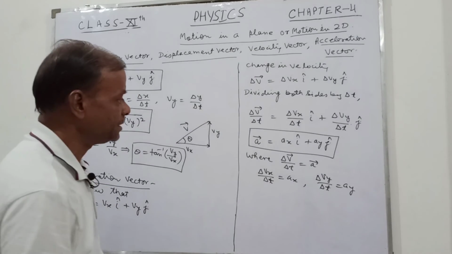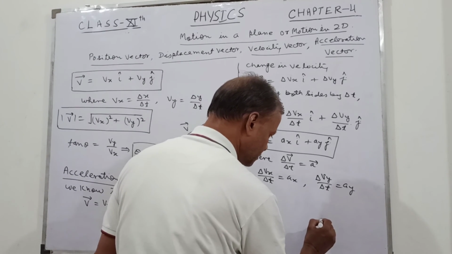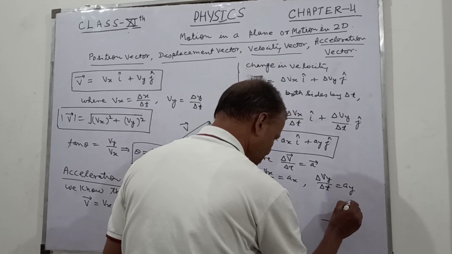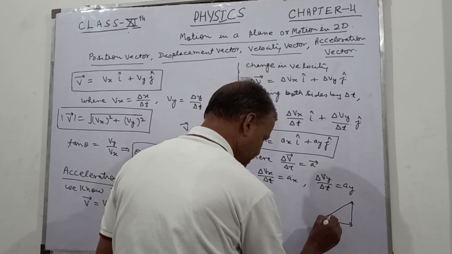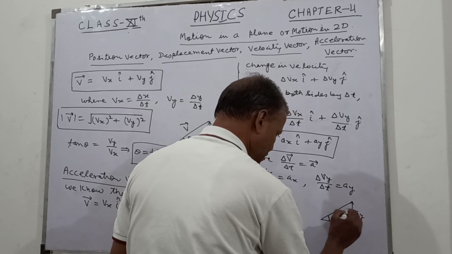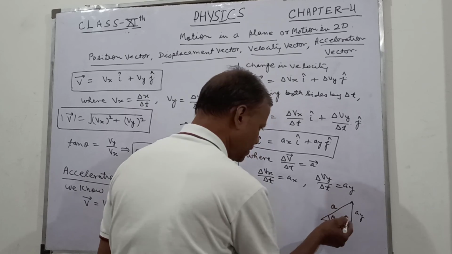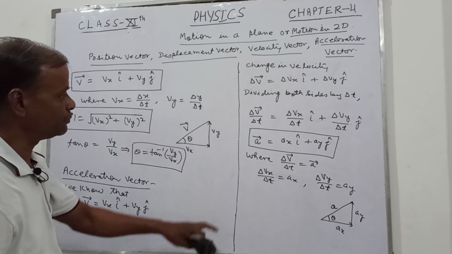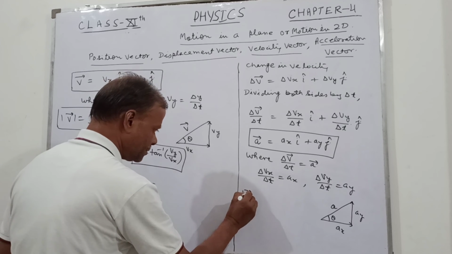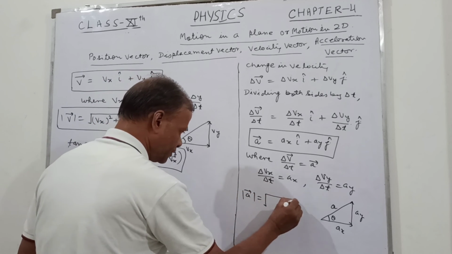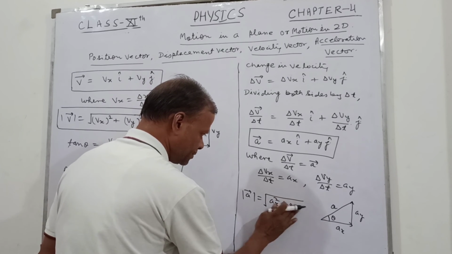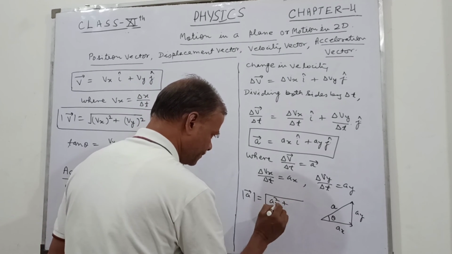Then you can represent it in the form of a triangle. This angle is theta, this is your ax, this is ay, and this is a. So you can have the magnitude of this vector a, equal to the square root of ax square plus ay square.